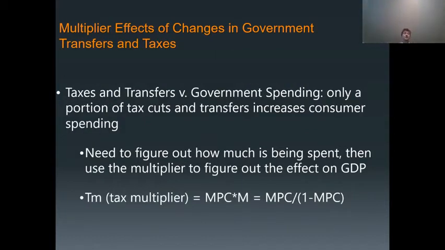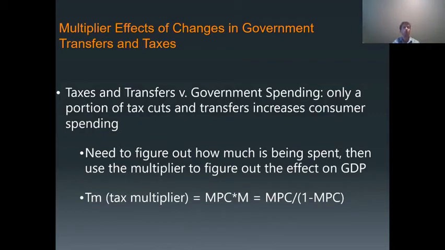That is government spending. For taxes and transfers, it's going to be a little bit different, because instead of having that first round where the government spent money on the tank, and that directly added to GDP, that first round is now gone. Instead, it gives money to people directly, and they will then choose if they will spend or save it.